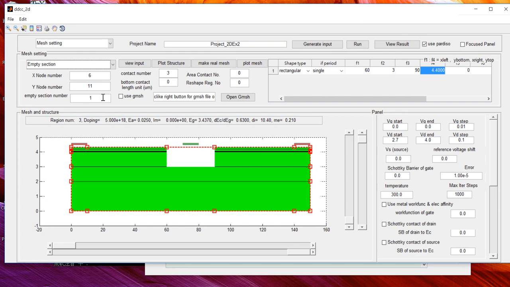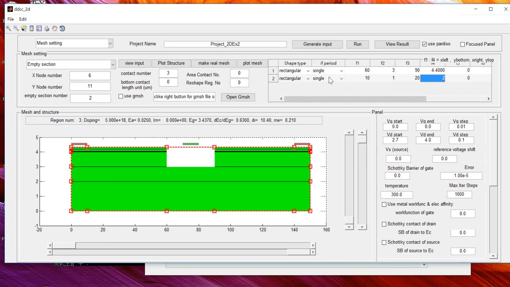If your empty section number is 2, okay, you can choose rectangular, f1 equal to 10, f2 is y button equal to 1, and f3 extra equal to 20, and to 2.